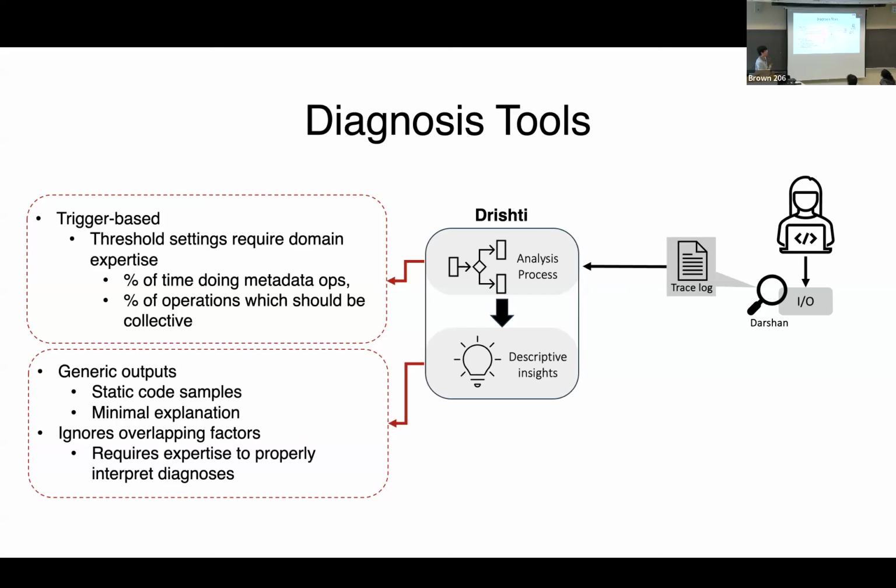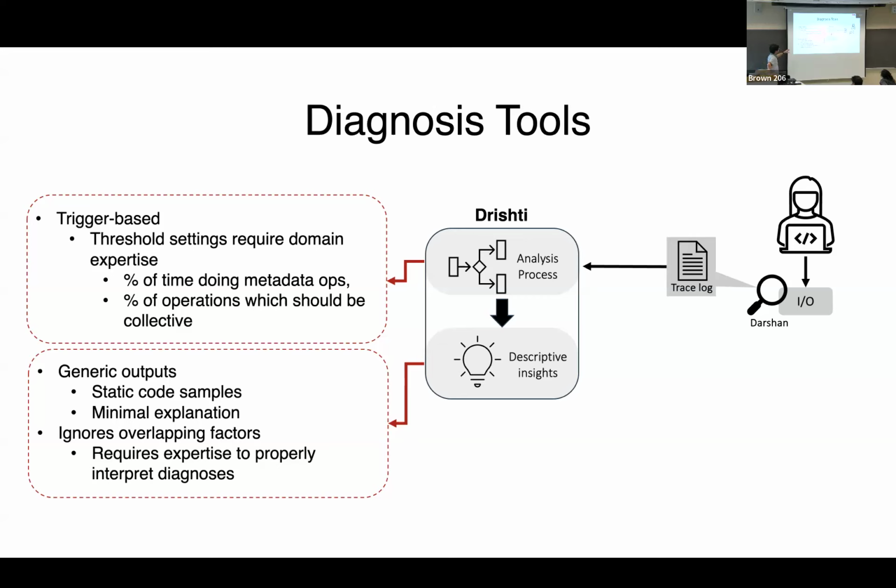So the Drishti programmer has to think of a bunch of triggers, so that whenever I see this number, I trigger some issue. That's one thing. Those are clearly not specific to this particular application. These are not specific to any system. They are very generic, which limits Drishti usage a lot. Drishti currently is only used in one center and cannot be extended to others, because basically they're only working in that one center.